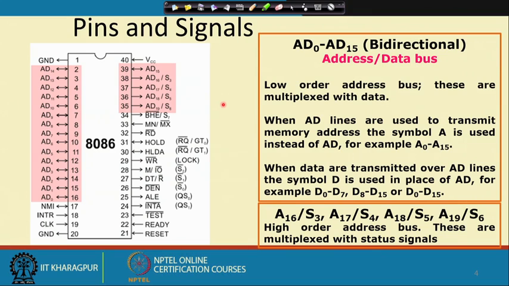Out of that, 16 bits are A0 to A15. Then A16, A17, A18 and A19 are the higher order address bus lines, and they are multiplexed with the status bits S3, S4, S5, S6.